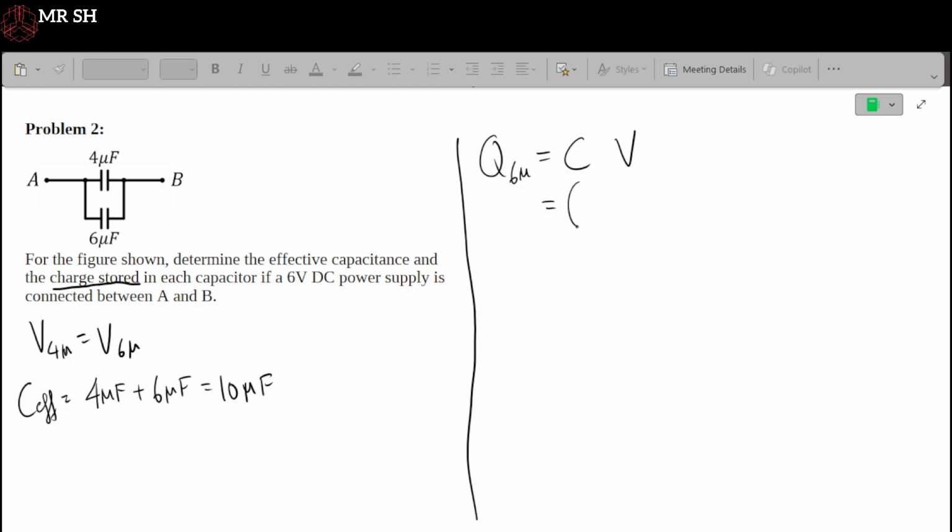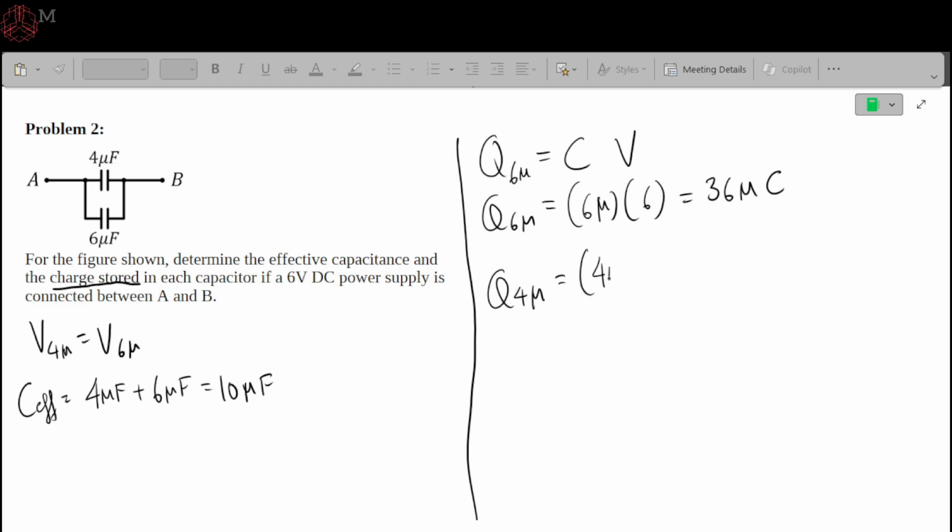I simply put 6 mu for the capacitance and 6 for the voltage. That leaves me with 36 mu coulomb of charge. For the 4 microfarad, that gives me 4 mu times 6, which is 24 mu coulomb.